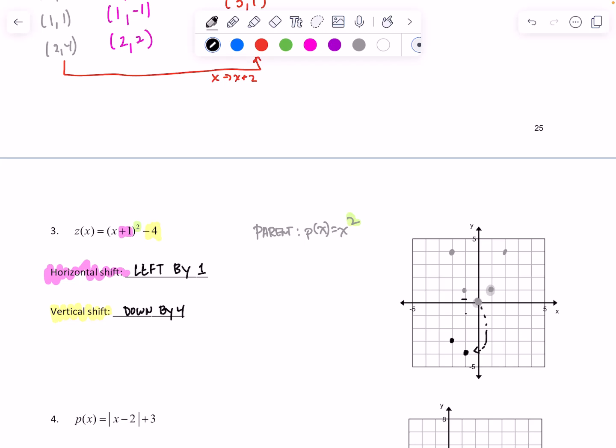And then the point 1, 1 is going to go left 1 and down 4, right there. Then the point negative 2, 4 is going to go left 1 and down 4 and end up now as an x-intercept. And 2, 4 is going to go left 1 and down 4 and be another x-intercept. And we see that our final picture looks like this.